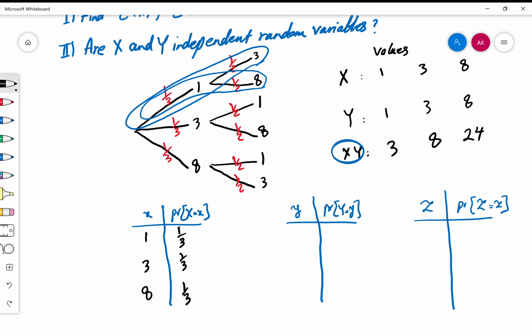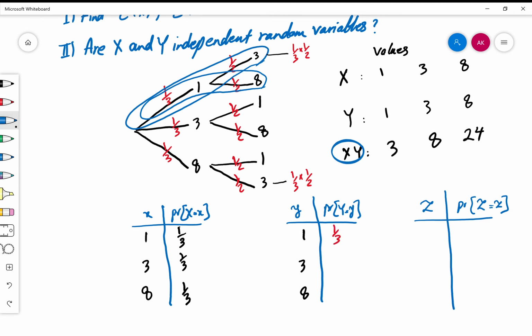For the second one, we have 1, 3, 8 again. As you can see, when 3 comes out, it has two branches here. The first one gives me 1/3 times 1 over 2, plus 1/3 times 1 over 2, and when you add them, you get 1 over 3.